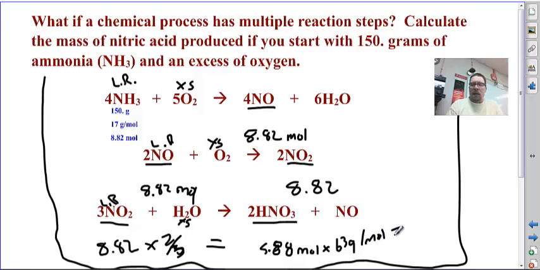Which means I'm going to end up with 370 grams of HNO3.